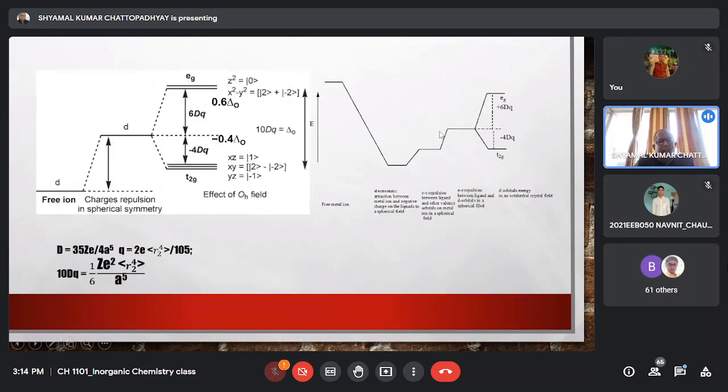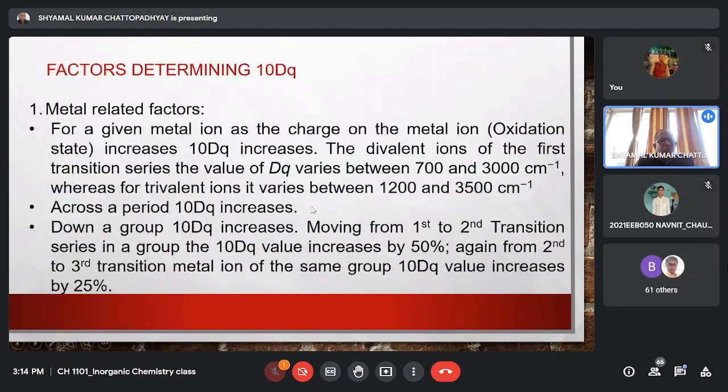So the ligand can approach the metal ion more closely because of the shortening of the metal ion radius. As a result, across a period, both because of the increase of effective nuclear charge and decrease of the radius of the metal ion, the 10 Dq will increase.